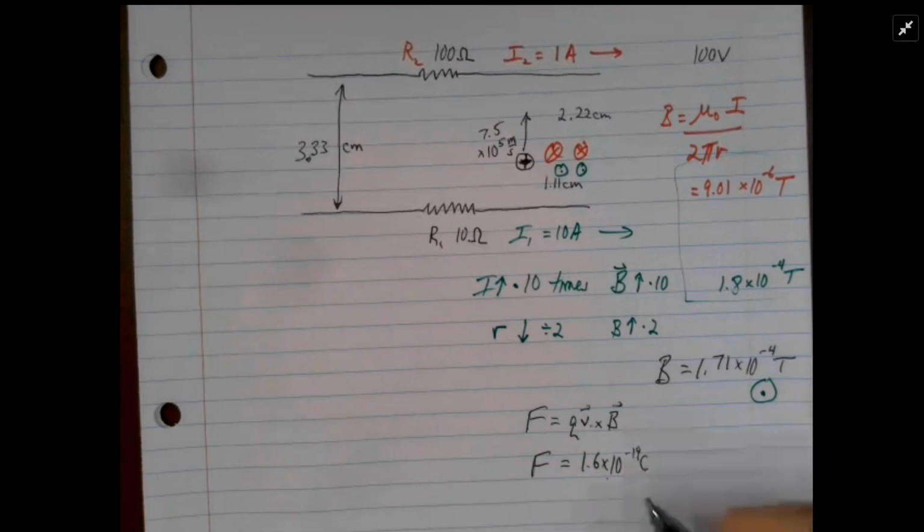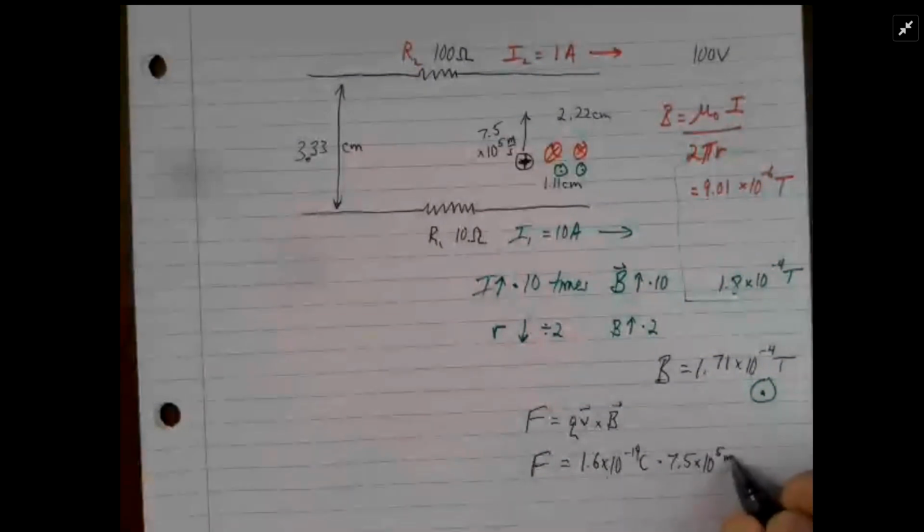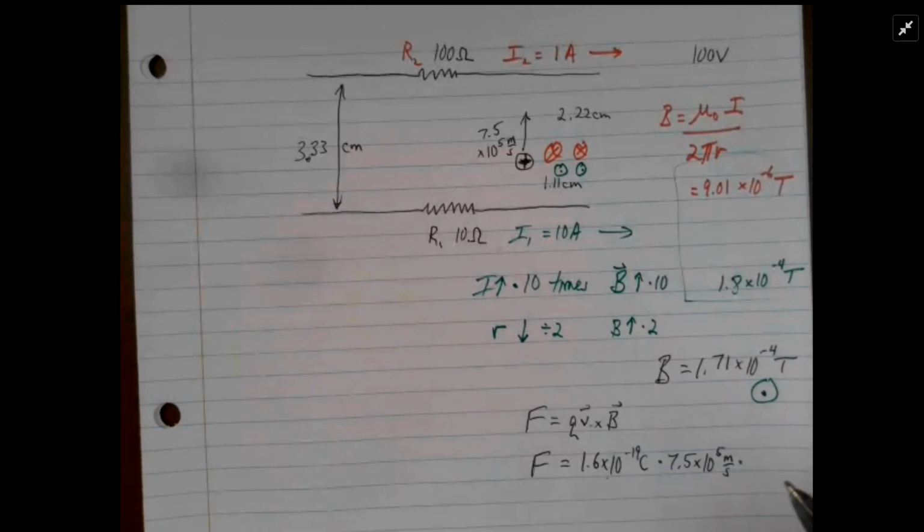You get the velocity, 7.5 times 10 to the 5th meters per second. And you'll multiply times 1.71 times 10 to the minus 4th.